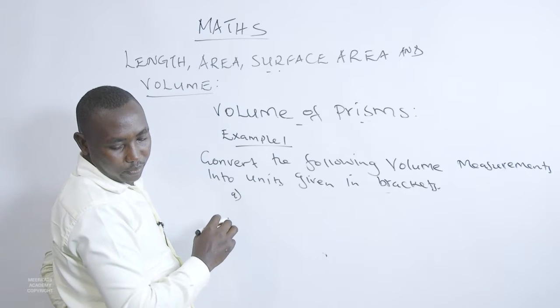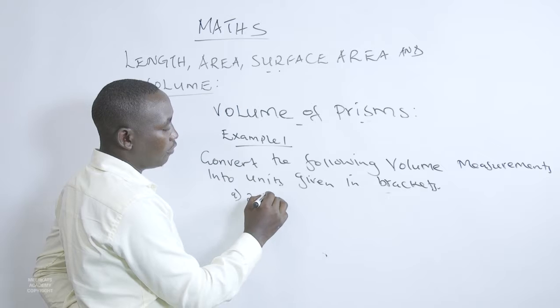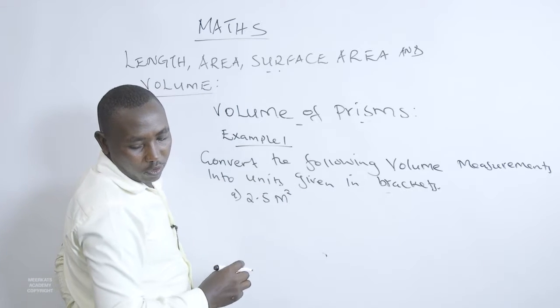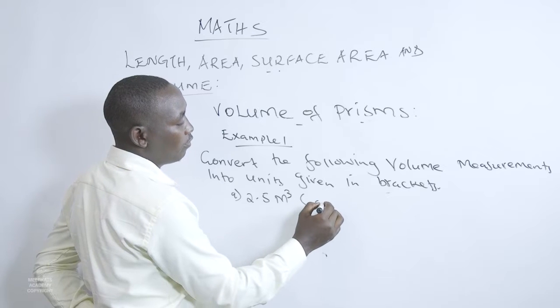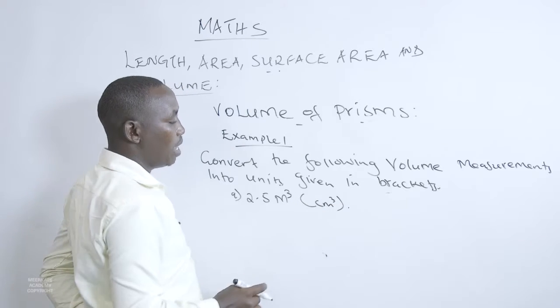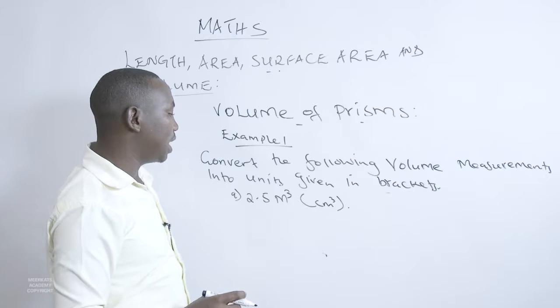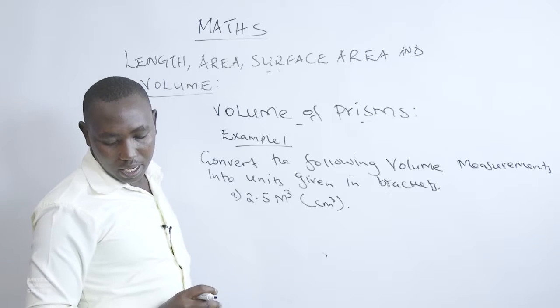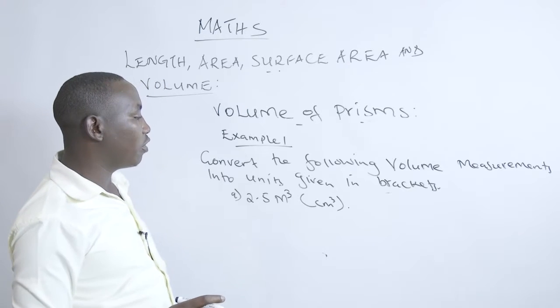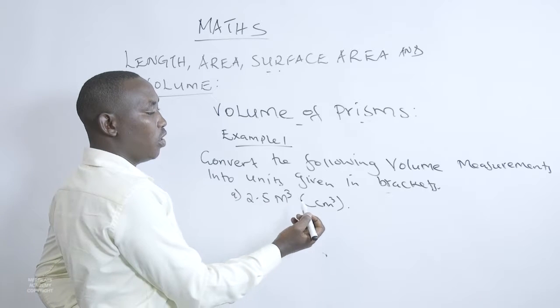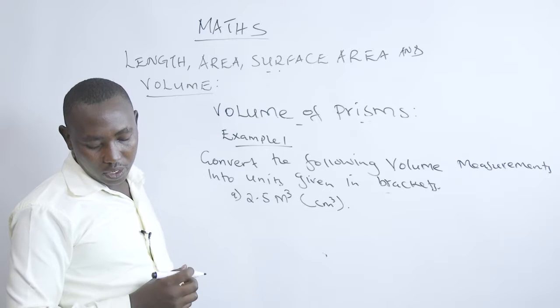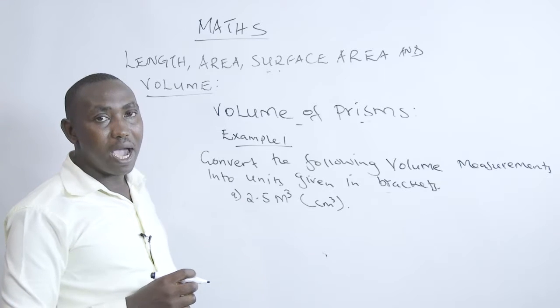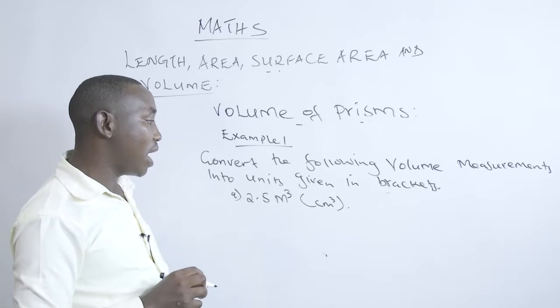Number 1, we have 2.5 cubic meters, which is supposed to be converted to cubic centimeters. We had originally said that for you to convert from cubic meter to cubic centimeter, you multiply by a cube of 100.